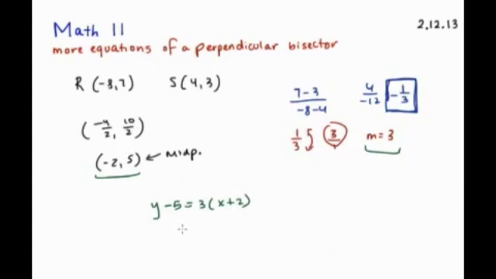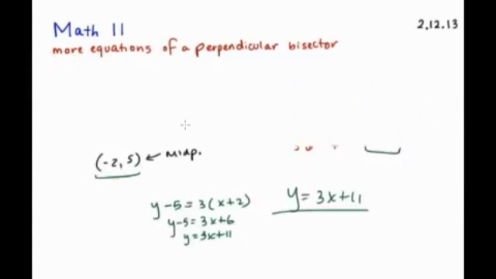So if we do some math, we can hopefully make this a bit more clear. Although you can simply graph this even though it is not in slope-intercept form. Y equals 3x plus 11. And that is going to be our answer. Y equals 3x plus 11. Answer to number 2.